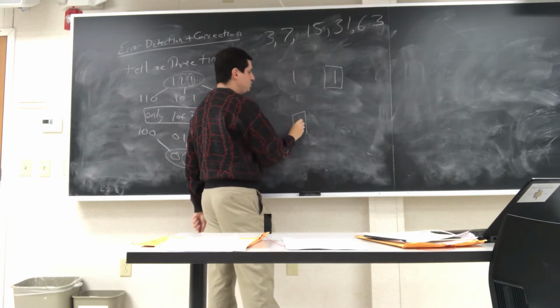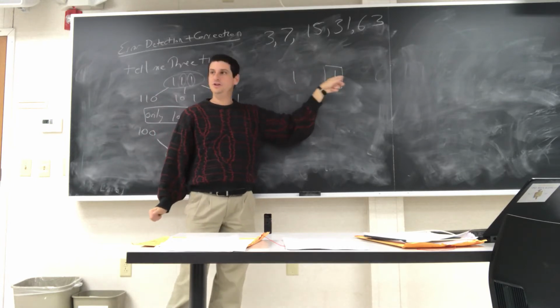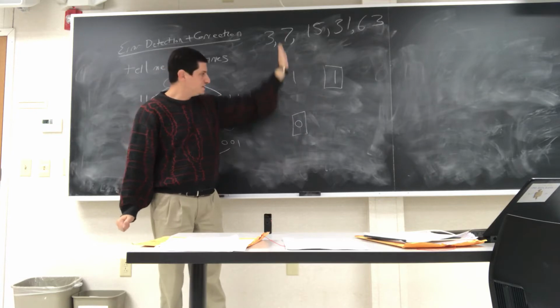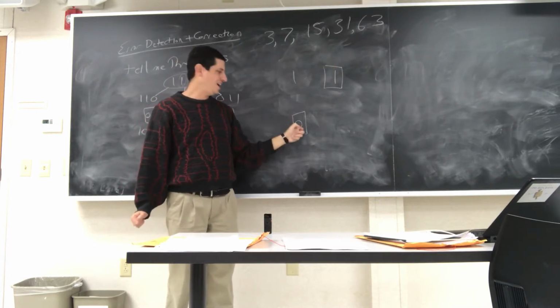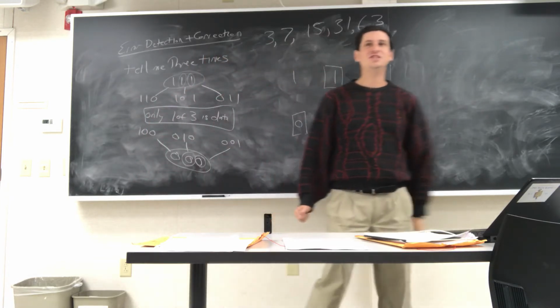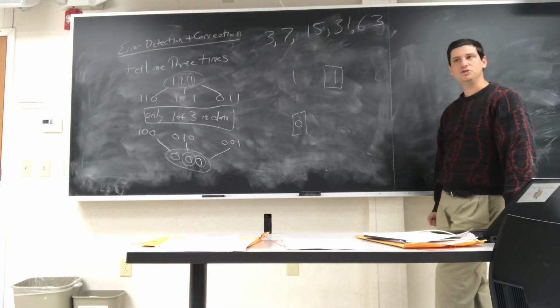What if you receive this? Well, this row looks good. This column looks bad. So there's a mistake in the first column, but not in the first row. The mistake is the parity bit. So this is a really nice way of, I think, conveying what you're doing.